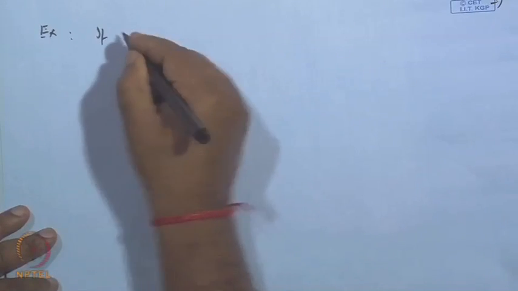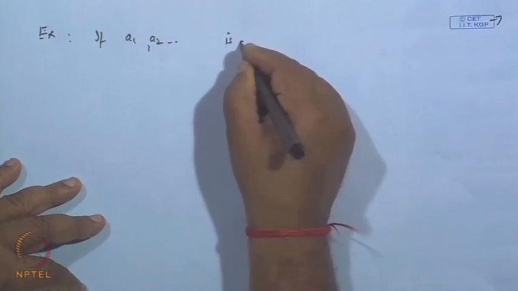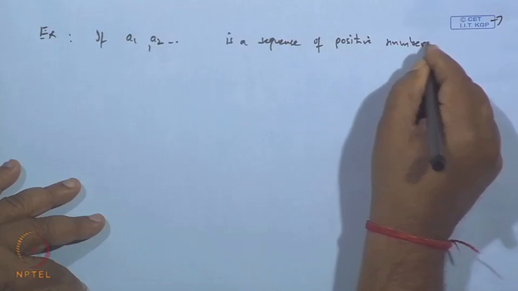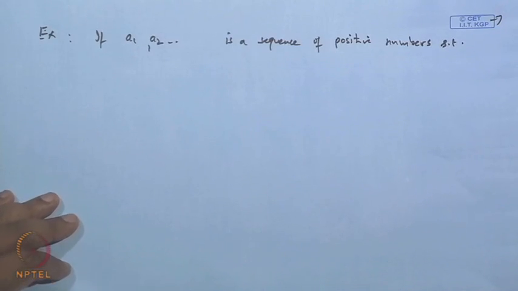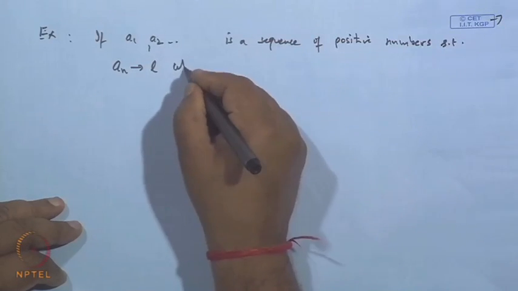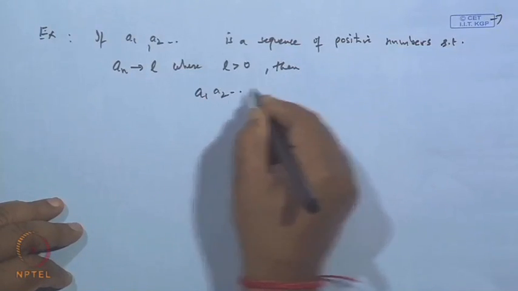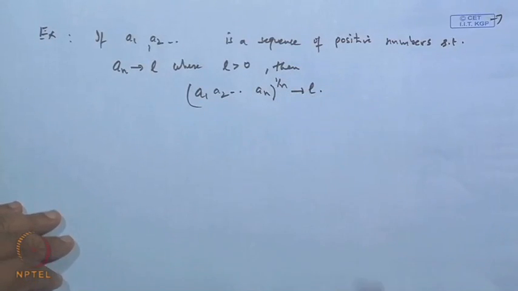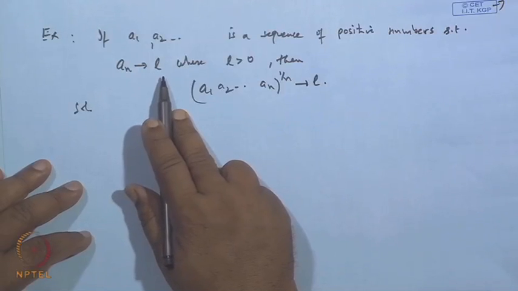if a1, a2, etc. is a sequence of positive numbers such that a_n goes to L, where L is greater than 0, then (a1 a2 ... an) raised to the power 1 by n goes to L. So let us see the solution. a1, a2 is a sequence of positive numbers such that the limit of a_n is L, where L is positive.